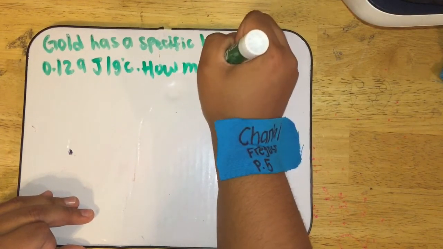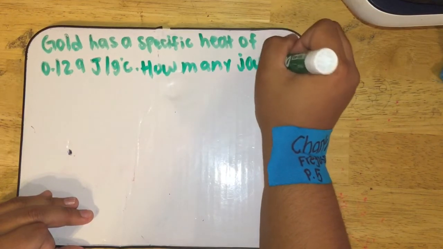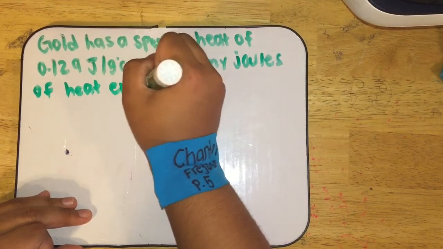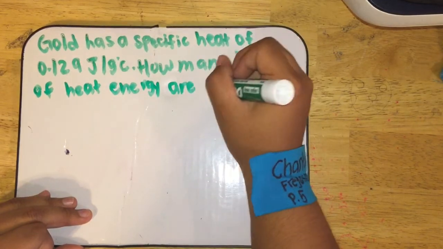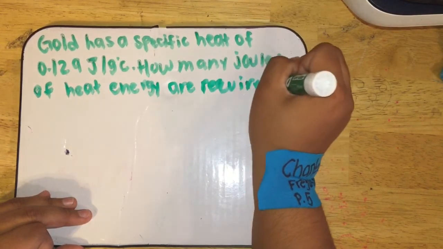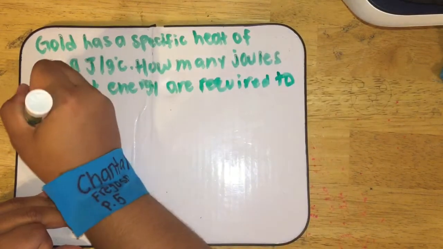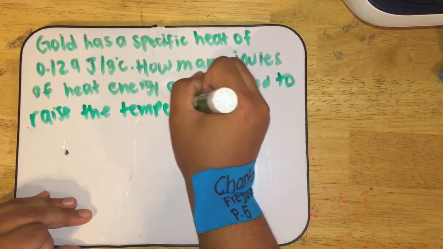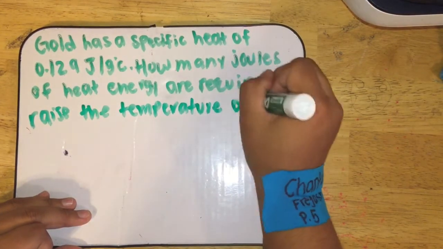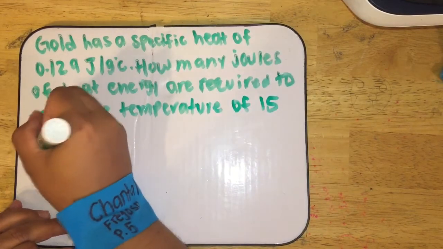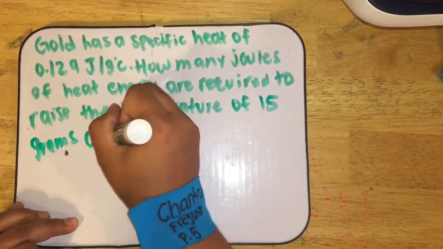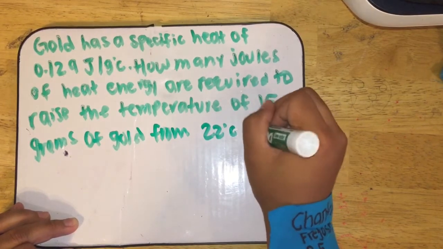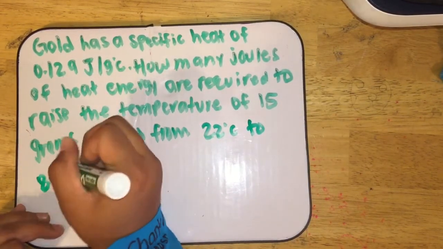How many joules of heat energy are required to raise the temperature of 15 grams of gold from 22 Celsius to 85 Celsius.